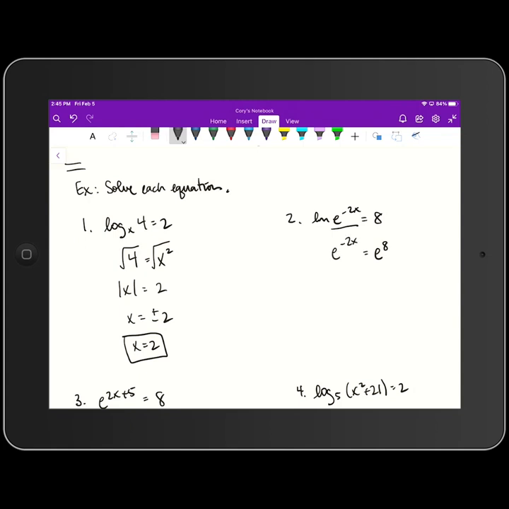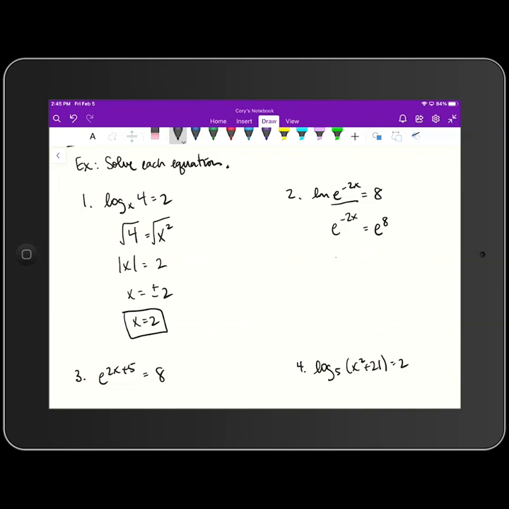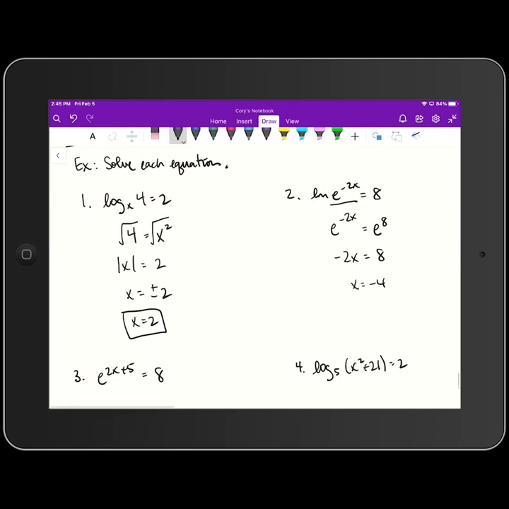Now this transforms into an equation that we solved in the previous section. Both sides are written as an exponent that shares the same base, so for those to be equal, their powers have to be equal. So negative 2x has to be equal to 8, and when we divide both sides by negative 2, we get x equal to negative 4.